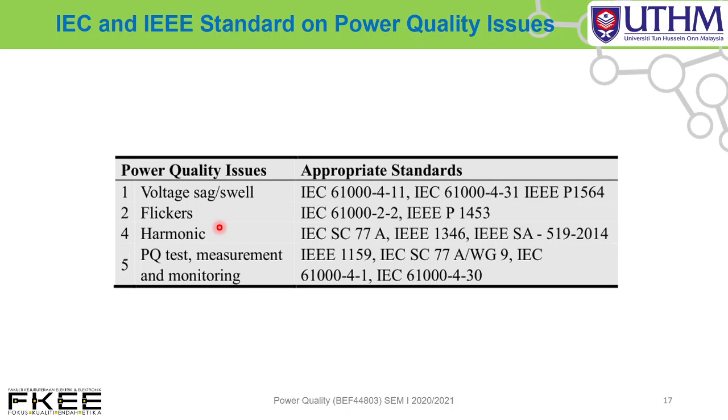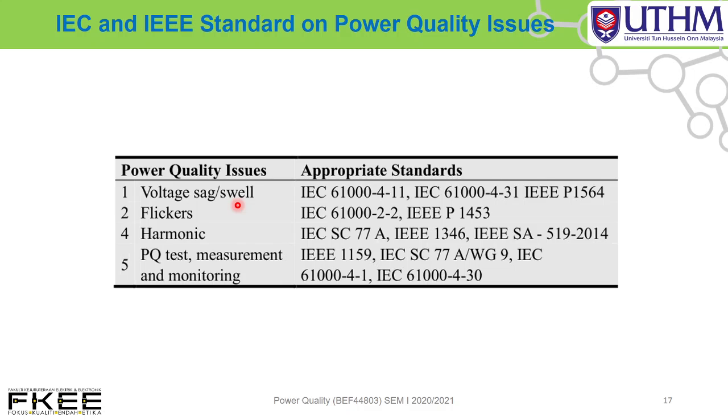These are the IEC and IEEE standards on power quality issues. We have several standards. For example, if you want to look at power quality issues related to voltage sag, you can refer to these standards: IEC 61000-4-11, IEC 61000-4-31, or IEEE P1564.